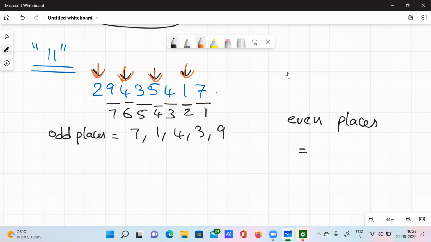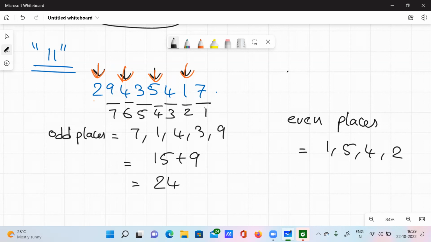Okay, so you need to find all the even places, that is 1, 5, 4, and 2, and sum them up. For example, 7 plus 1 is 8, 8 plus 4 is 12, 12 plus 3 is 15, 15 plus 9, and plus 4, 24.